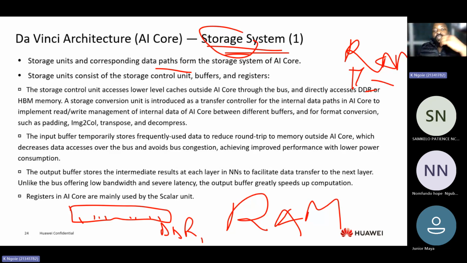You have other storage units that take 1 kilobyte, 1 megabyte. When we're talking in terms of data, one unit is called a bit, and when we have 8 bits, it gives us 1 byte.